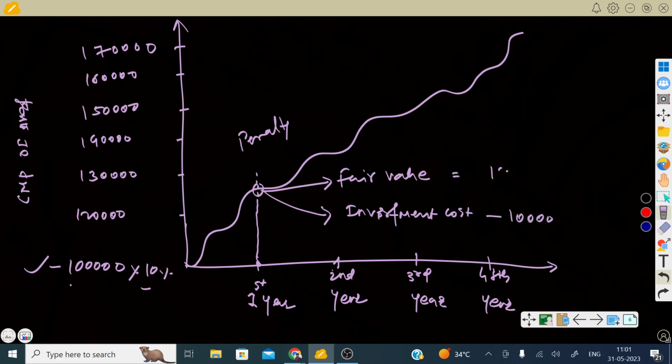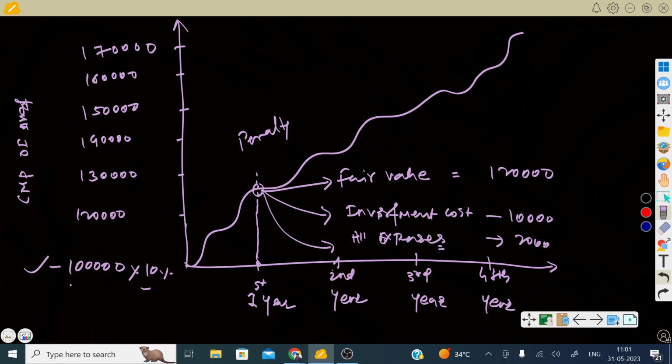Fair value is 1 lakh 20. You might see other expenses as well, broken deal expenses or promotion, marketing, all expenses. Then third would be to calculate all the expenses. Let's say that reached 2000.